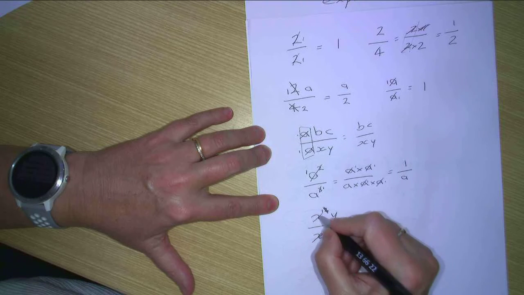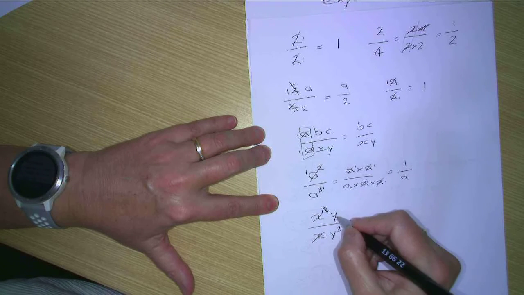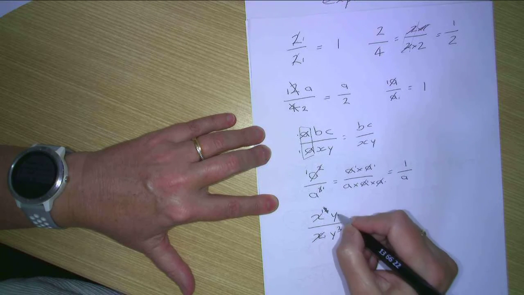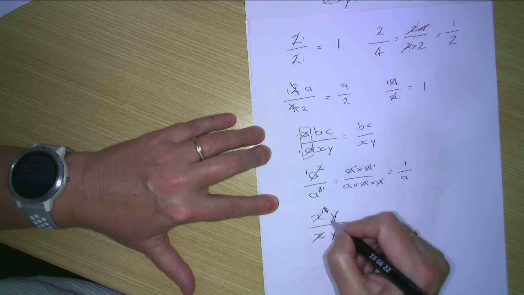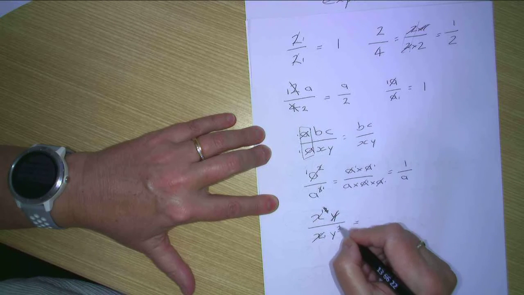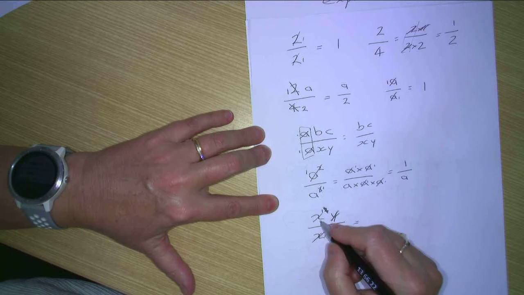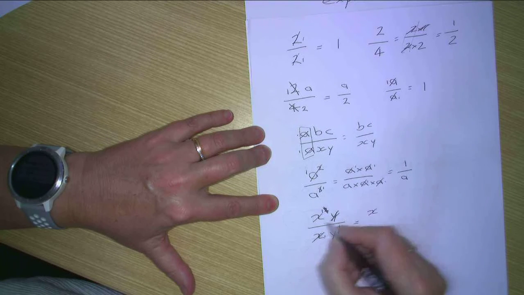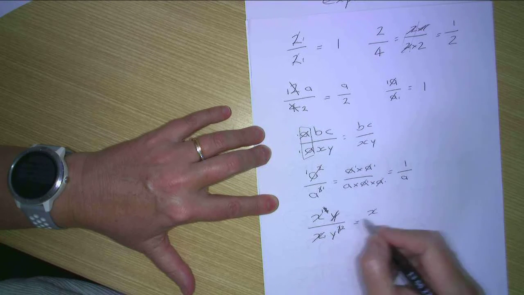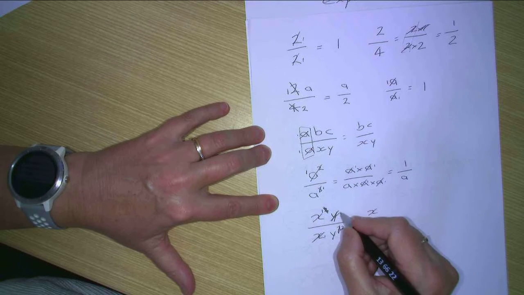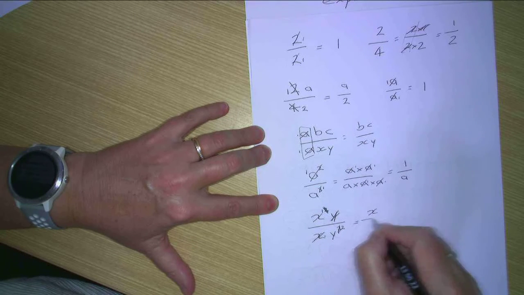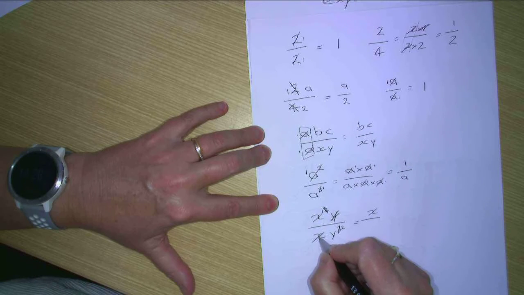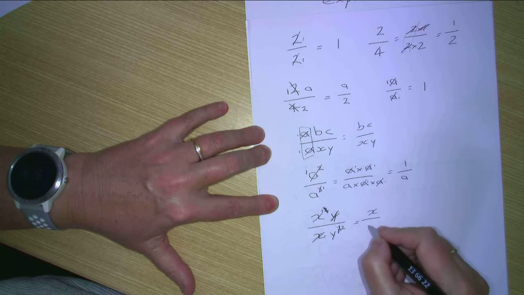So I'm left with 1 x here. And the same with the y's. I've got 3 on the bottom and 1 on the top, so I can cancel this y out and cancel one of these y's out. So I'm left with x to the power of 1 times y to the power of 0 on the top, so x on the top, and on the bottom this x was cancelled, so I'm left with y to the power of 2.